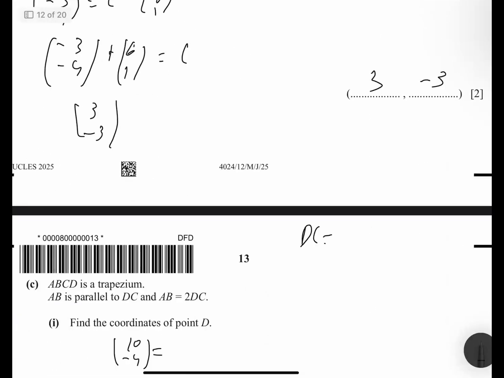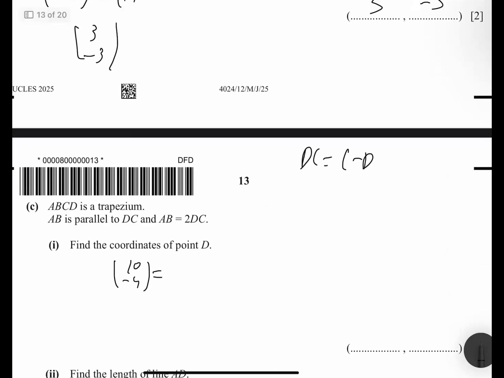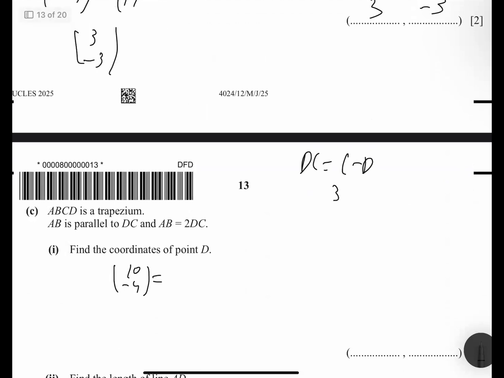DC is equal to C minus D. We already know what C is. So C is 3, minus 3. So 2 times 3, minus 3 minus D.